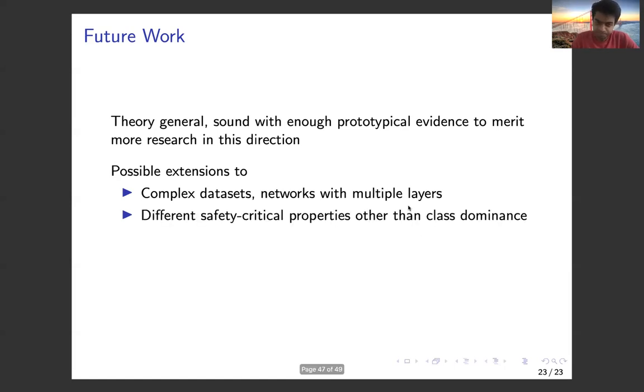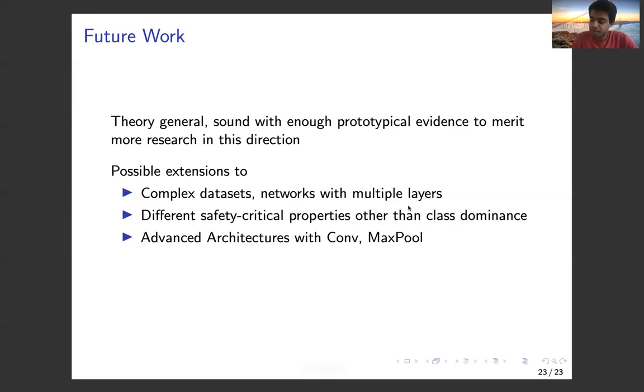Next, we have defined this for the property of class dominance, where y0 is greater than y1, but nothing restricts us from trying out other properties which might be very safety critical in different scenarios, and we want to devise theory for those particular properties as well. That is another direction of future work.